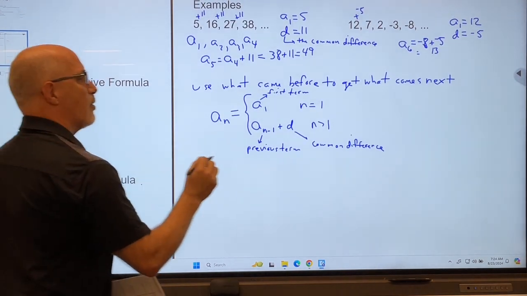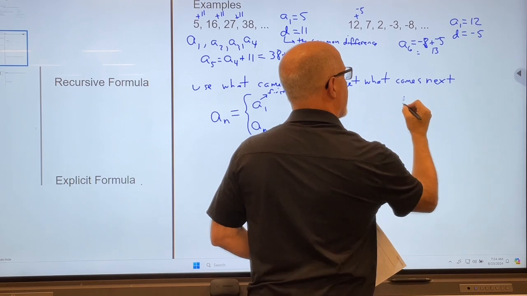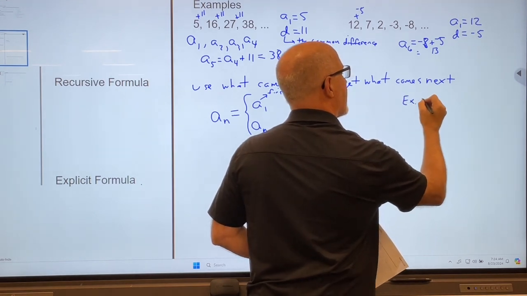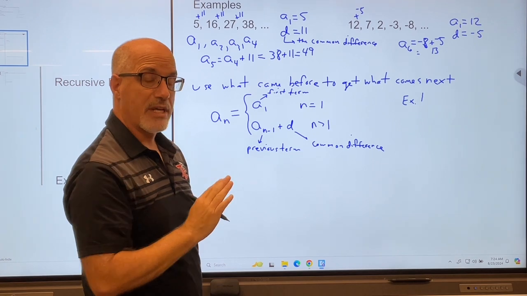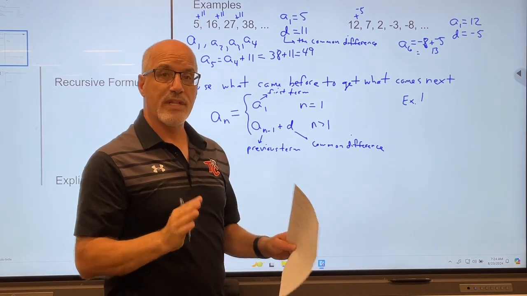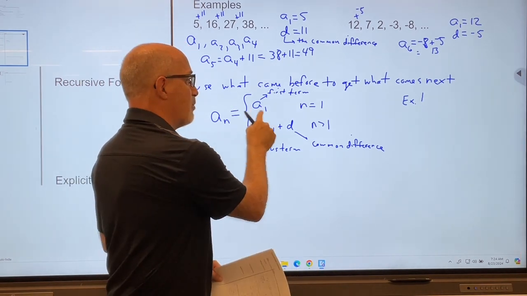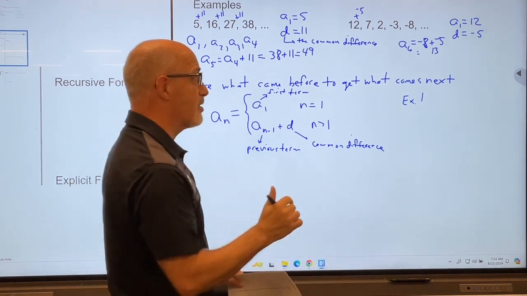Okay, so example 1 up here, how I write it in this recursive formula. Now watch this pattern, because really there's only two things that change in this formula, the a sub 1 and the d. Everything else looks the same.